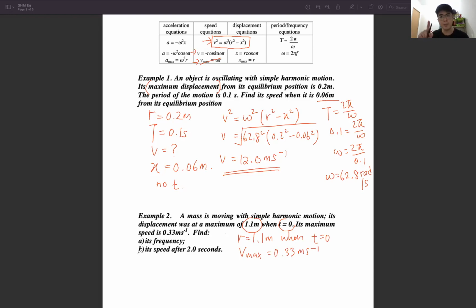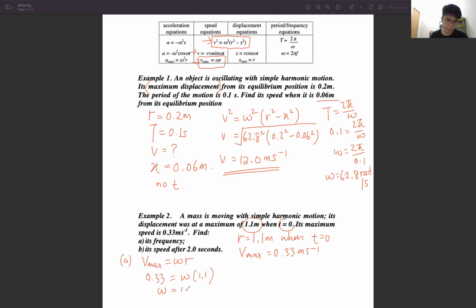Now again, we want to find frequency. What we want to have first is angular speed, angular velocity. So A, we find the angular velocity. Given v max, we can find this angular velocity. v max equals omega r, 0.33 equals omega times 1.1.